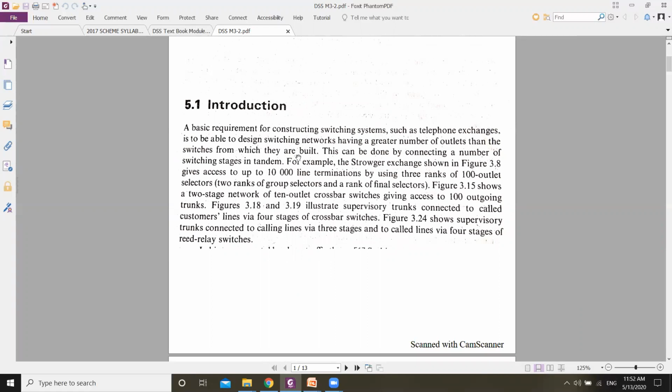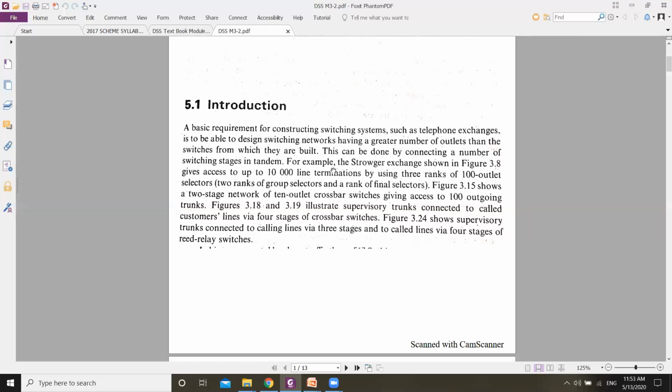So the number of outlets should be more compared to the number of switches from which they are built. This can be done by connecting a number of switching stages in tandem.